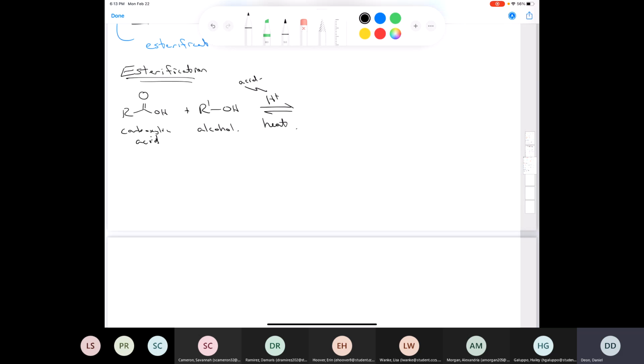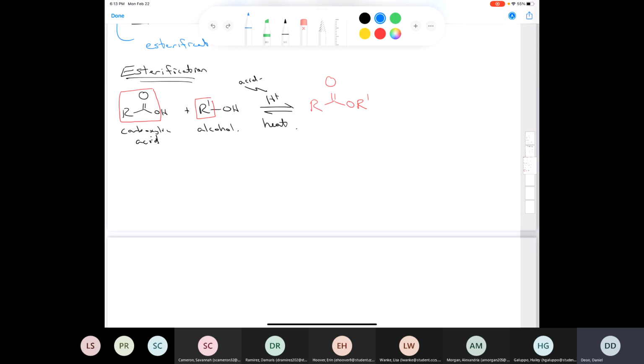Then what do you get? From the carboxyl group, this portion here, and from the R group from the alcohol, you end up with an ester, okay? You end up with this ester, where this R prime group ends up in the place of the hydrogen.